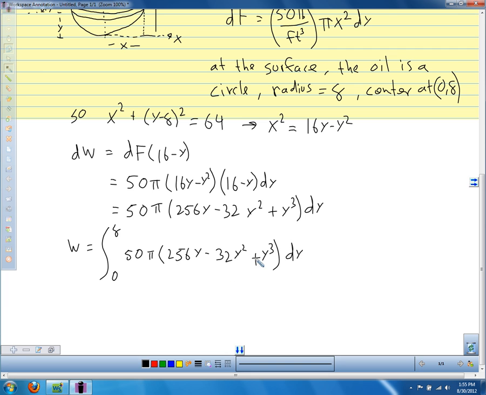We're just integrating this polynomial, an easy evaluation. When I evaluate this, I get that this is approximately equal to 589,782 foot-pounds.